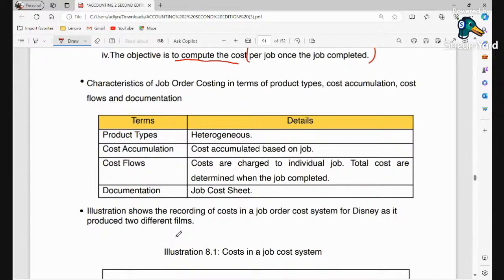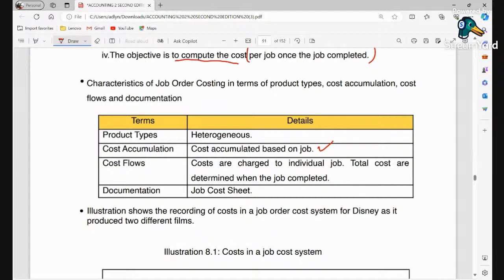So cost accumulation, macam mana kita kumpulkan cost untuk job order costing. In job order costing, the cost is accumulated based on jobs. That means kalau kad kahwin Lokman, kita akan kira untuk kad kahwin Lokman saja cost dia. And untuk kad kahwin Haikal tadi, we akan kira different. We have a different costing for Haikal.